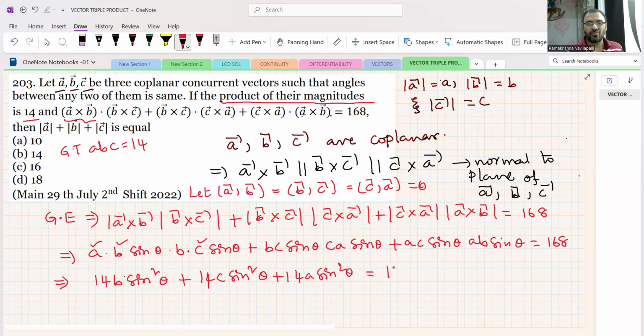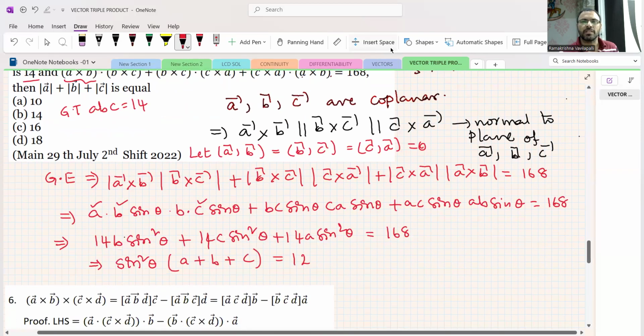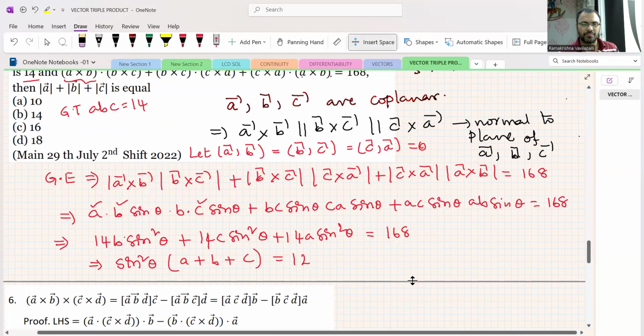This is equal to 168. So we got that. I am taking sine square theta common, and after that I will get A plus B plus C. On cancelling with 14, the other side you will get 14 ones 14 and 14 twos. Now how to find out theta? Question is not over.